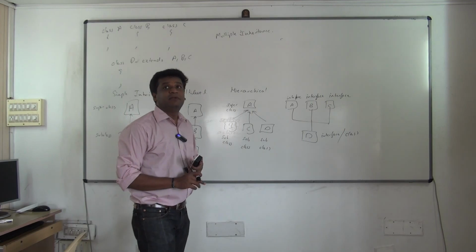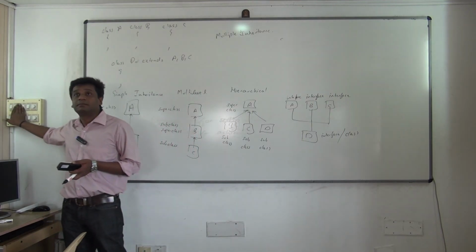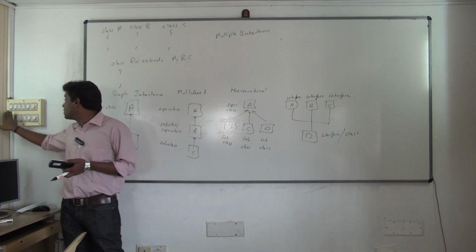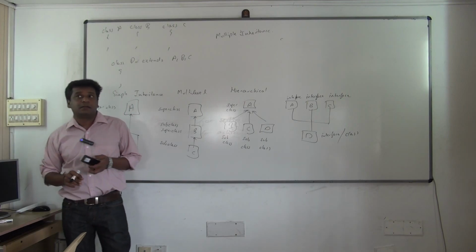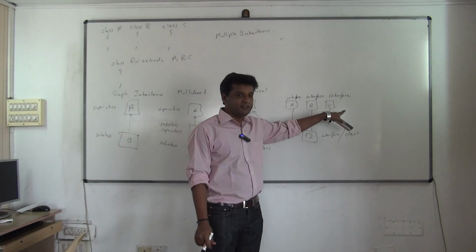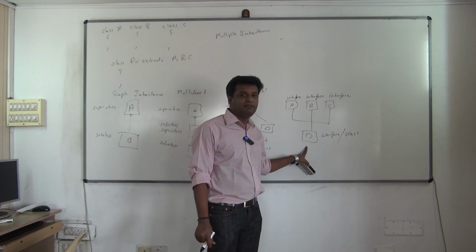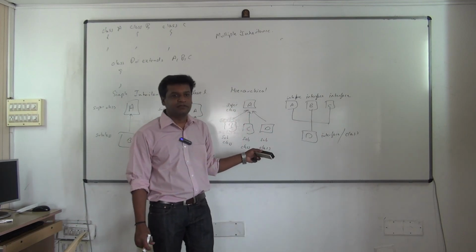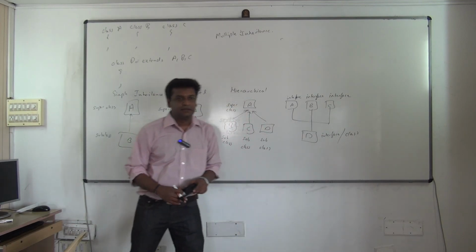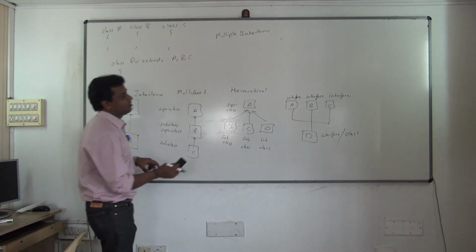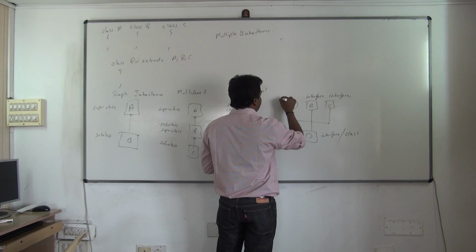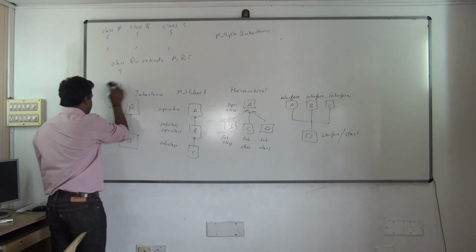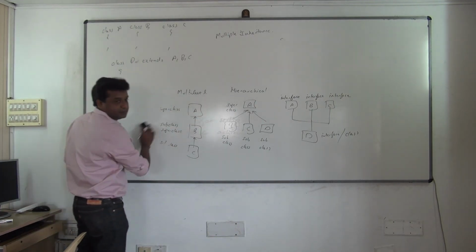This D can be either an interface or a class. A, B, C all will be interfaces. This is the example I will be giving you right now. Clear? Okay, we'll start seeing it. You understood now? These are all interfaces. All this A, B, C will be interfaces. That example you'll be seeing now.